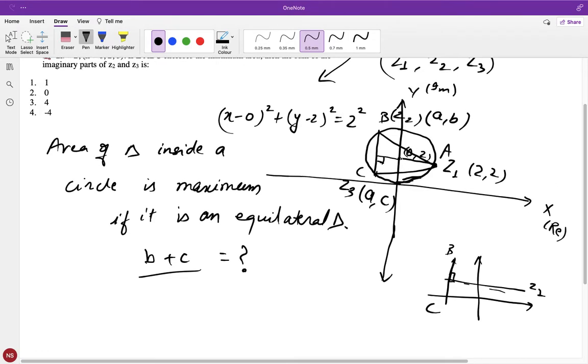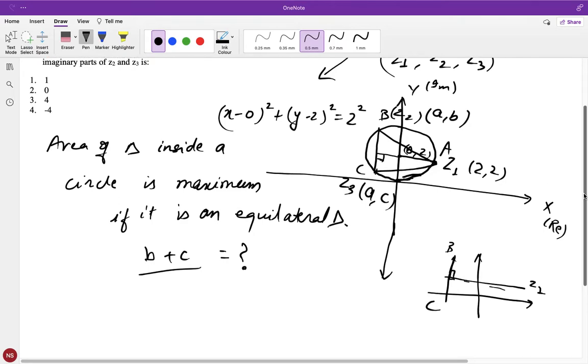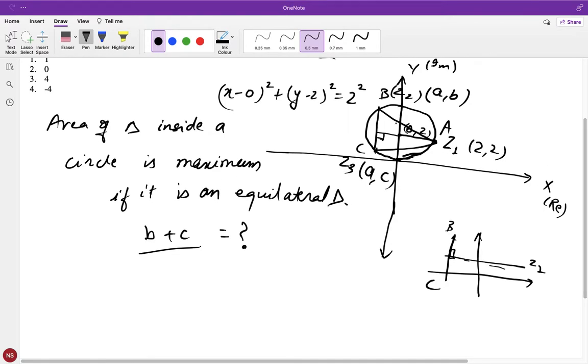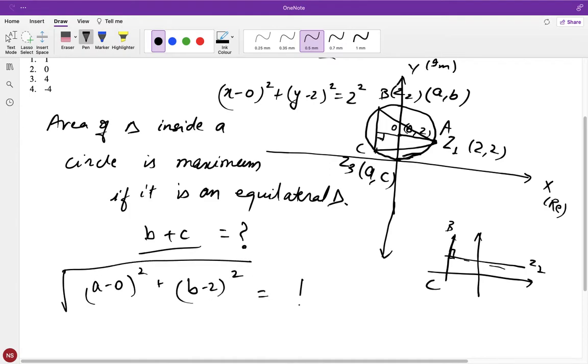Now the center of the circle is (0, 2). If I say the center is O, then OB equals OC. So sqrt((a - 0)^2 + (b - 2)^2) = sqrt((a - 0)^2 + (c - 2)^2), right?